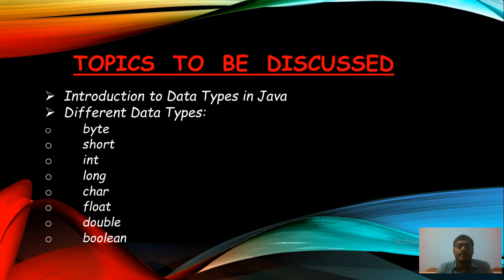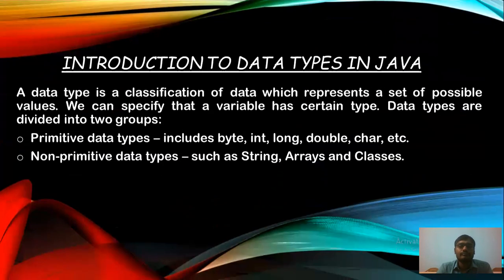Okay, so let us come to the first topic: introduction to data types in Java. A data type is a classification of data which represents a set of possible values. You can classify the data according to its size, according to its types of values.